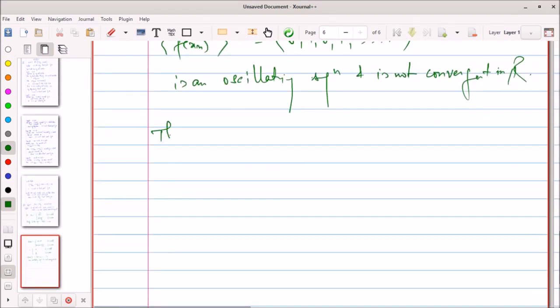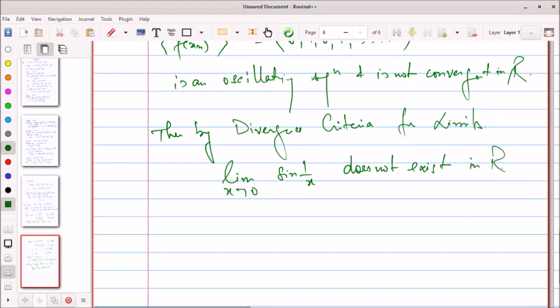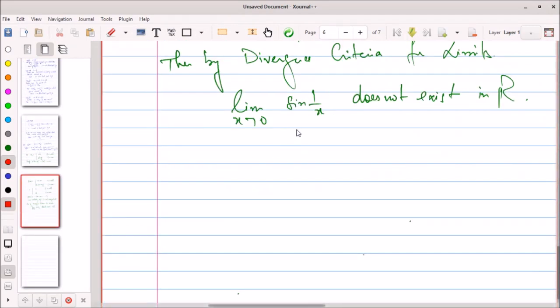So by the divergence criteria for limits, limit x tends to 0 of sin(1/x) does not exist in R. So this completes the proof of question number 2.